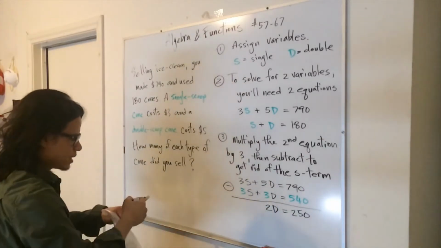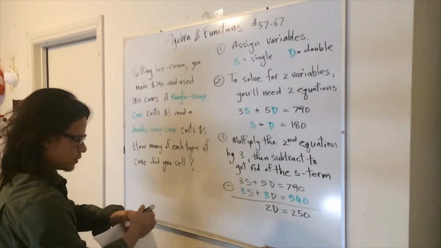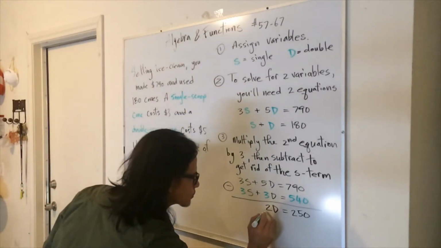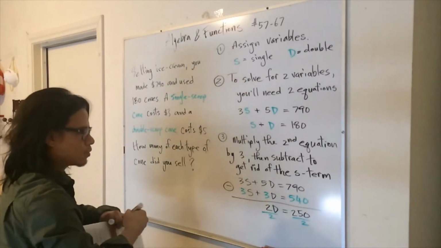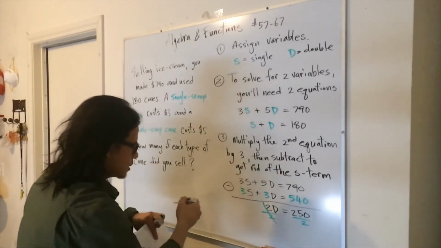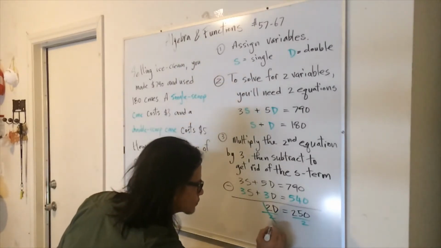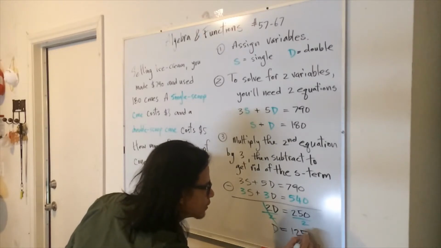So let's get d by itself. Here you have 2 times d, so what's the opposite of times 2? Divide by 2. So altogether, 2 cancels out. D is equal to 125.